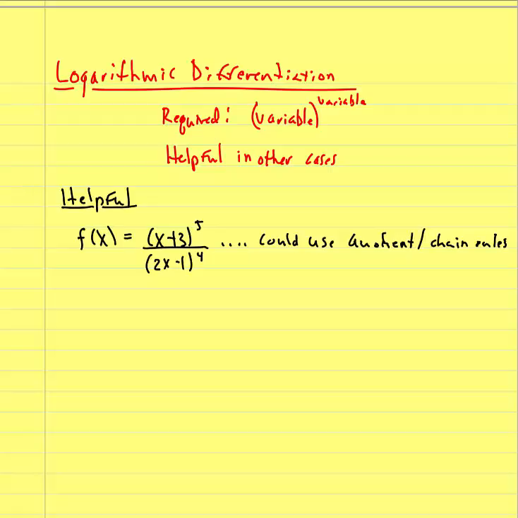Now the process of logarithmic differentiation is, first of all, replace f of x with y because they're interchangeable. That's our dependent variable. And then, because I want to get rid of these exponents and this quotient, I'll take the natural log of both sides.